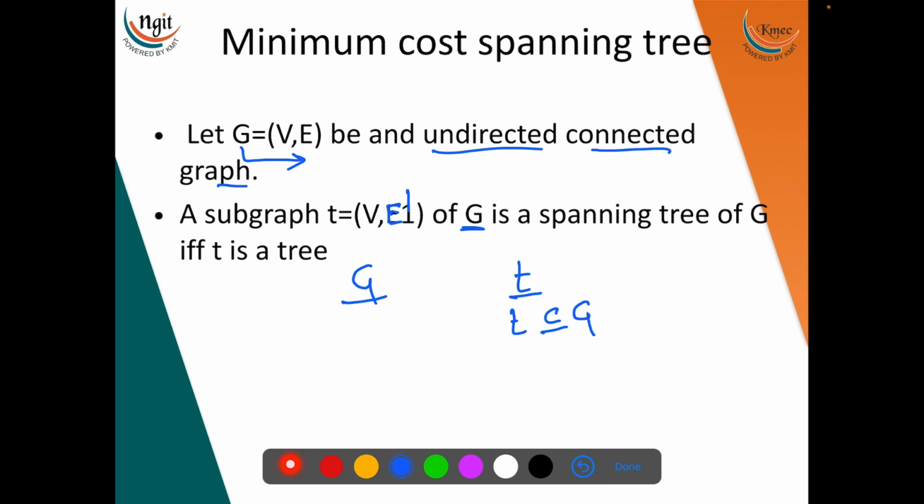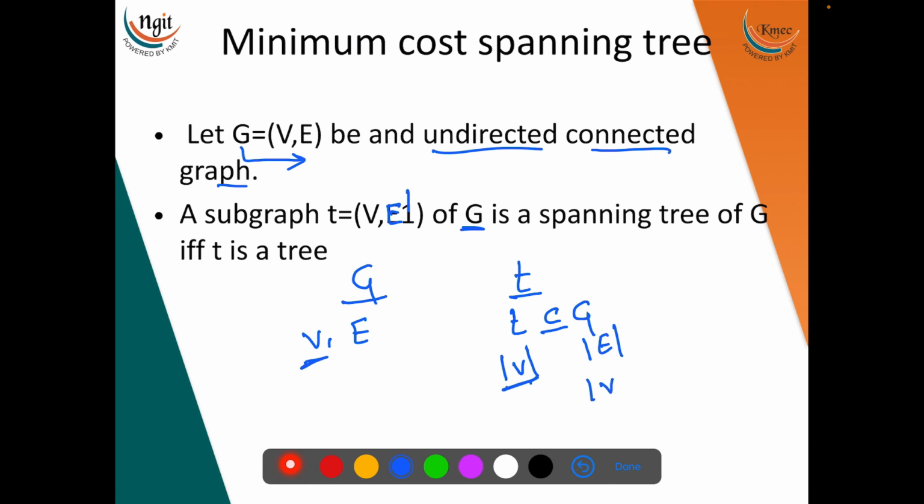So G basically has vertices and edges. When I say T is a subgraph of the graph, T also has vertices, and T, the spanning tree, also has edges. The spanning tree will have the same number of vertices as the graph.